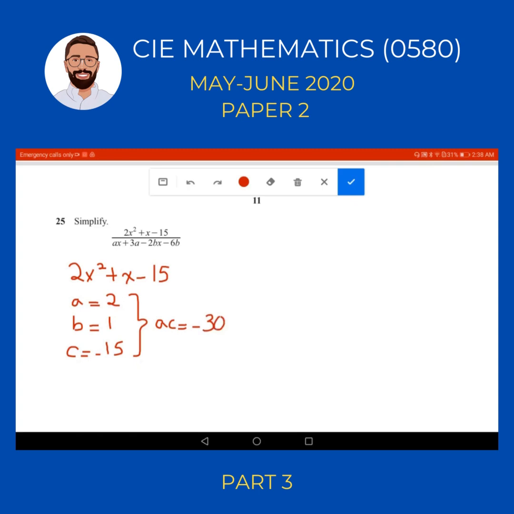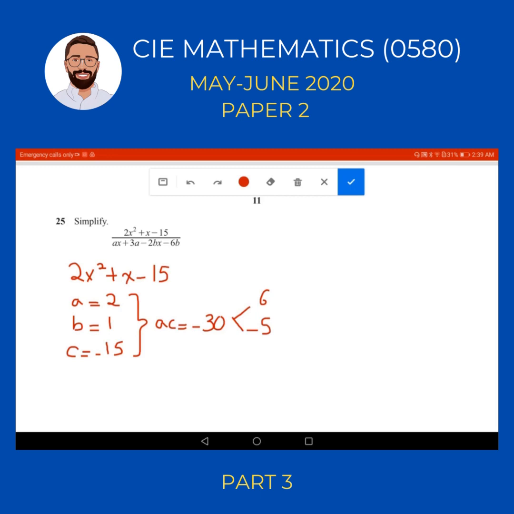So once I have AC, which is negative 30, you need to think of two numbers. When you multiply them, the answer is negative 30, and at the same time, they add up to b, which is 1. These numbers are 6 and negative 5, because 6 times negative 5 is negative 30, and 6 plus negative 5 is 1.